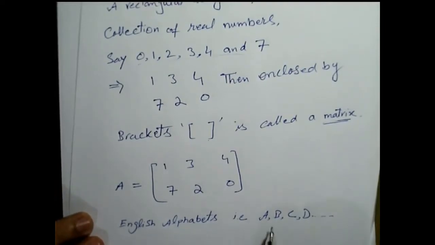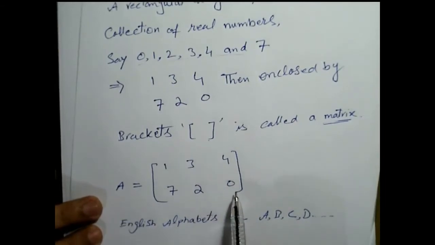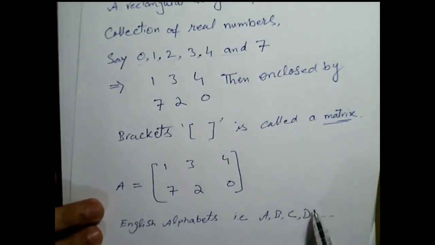Remember one thing, these letters used to represent any kind of matrix must be capital letters, because the small letters like a, b, c, d will be used later on in our examples and exercises as elements.